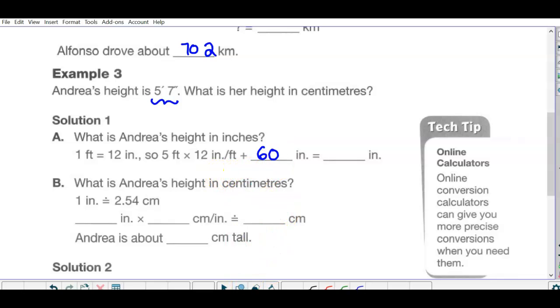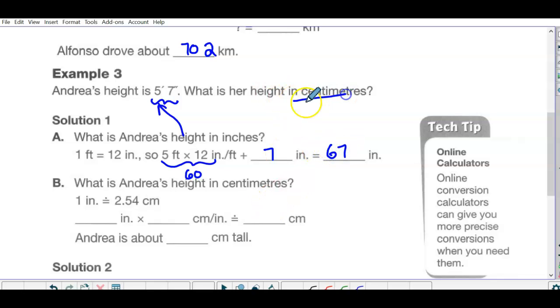Sorry, that's not an equal sign, they've got 2 things together. So this here is 60, and then we add on the 7 inches. So 5 times 12 gives us this in inches. Add on the 7, so that's 67 inches.